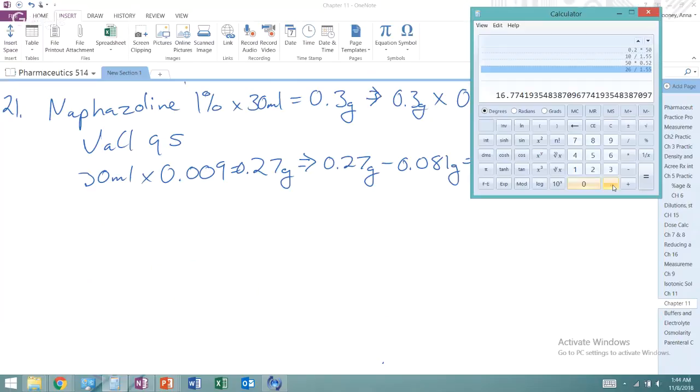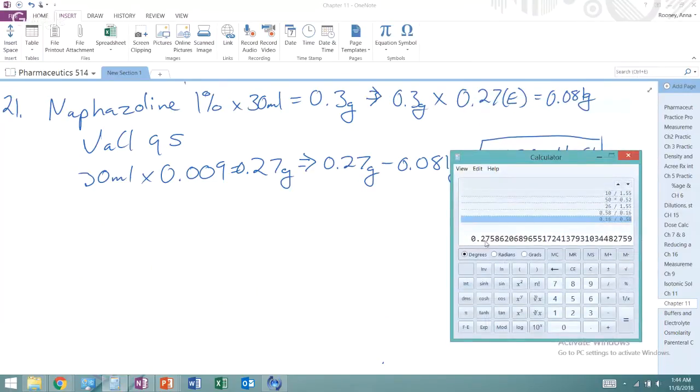Would it be 0.58 divided by 1.6? No, that doesn't seem right. 0.16 divided by 0.58. Yeah, okay. So if you do the freezing point depression method, you find the E value anyway. So you would find the E value as 0.27.